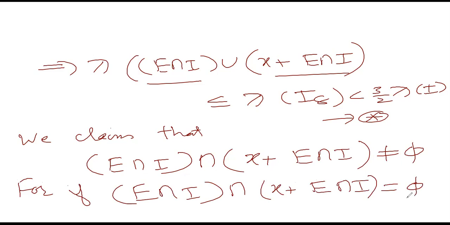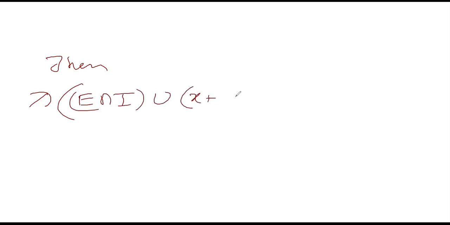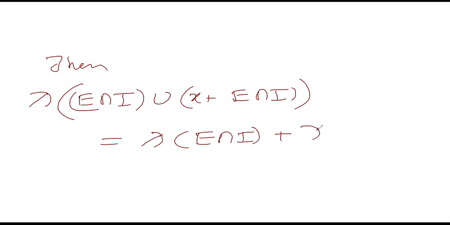since both are measurable sets, E is measurable, I is measurable, so this intersection is measurable, and x plus E intersection I is also measurable, and they are disjoint sets. We can apply the additive property of Lebesgue measure on measurable sets. So the Lebesgue measure of E intersection I union x plus E intersection I is equal to, using the additive property, the Lebesgue measure of E intersection I plus the Lebesgue measure of x plus E intersection I. But we know that Lebesgue measure is translation invariant.